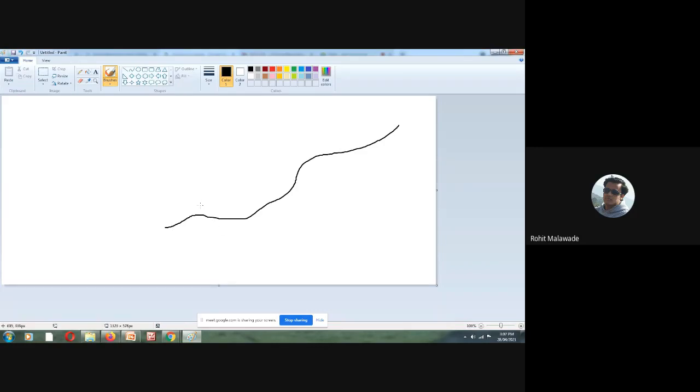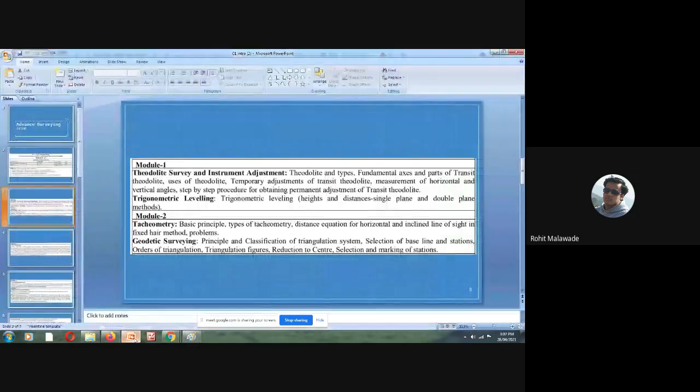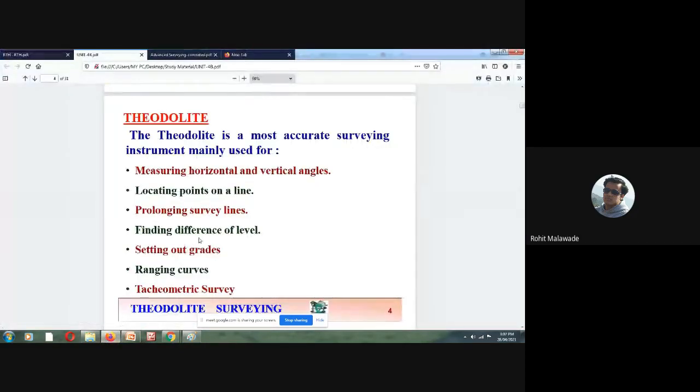If I want to measure the difference in elevation between point A and point B, that is the difference in height, see, this is at a different height and this is at a different height. If I want to measure this height, I will use the theodolite and I will be able to find the difference in level between the two points.